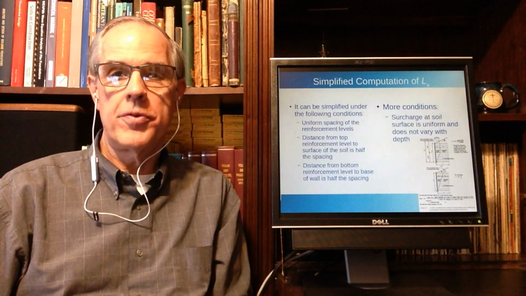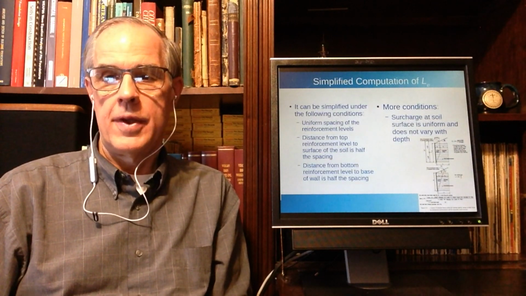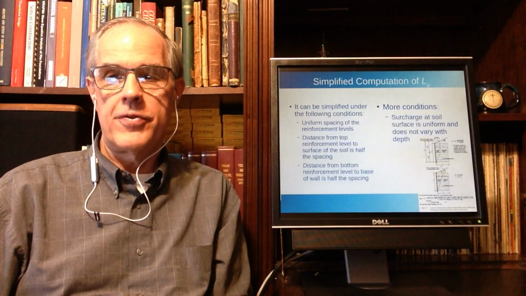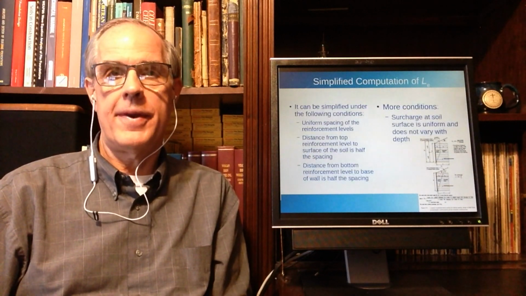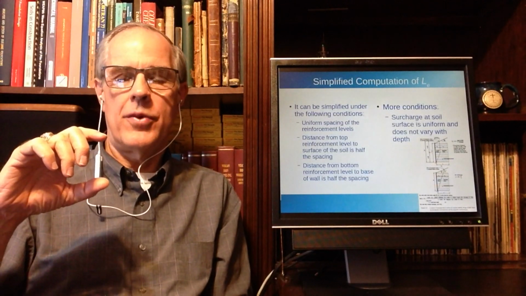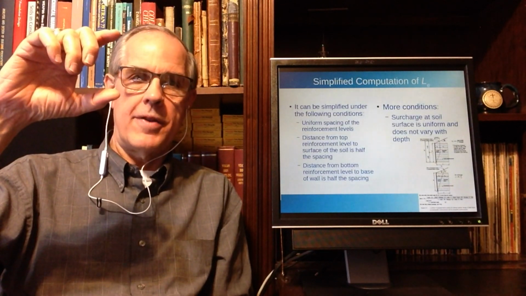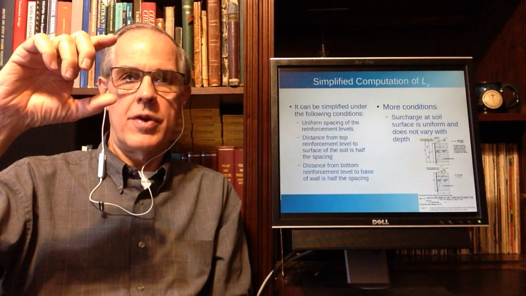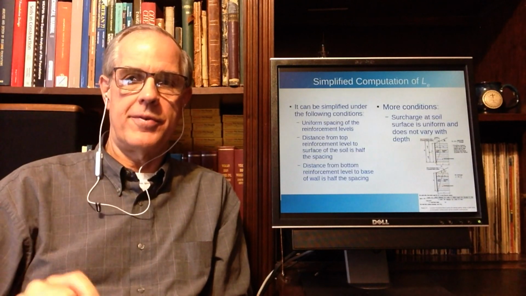If you have uniform spacing at the reinforcement levels, the distance from the top reinforcement level to the surface of the soil is half the spacing. In other words, there are two ways of looking at the spacing: the panel spacing and the geogrid spacing, which are related to each other.